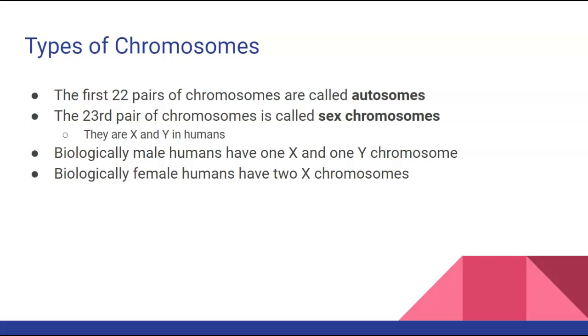There are disorders where humans can have 3 X chromosomes, or 1 X, or XXY. There are lots of different disorders that can be caused by your sex chromosomes, and we will get into them, but this is just a brief overview of the general terminology that you will need to move forward.